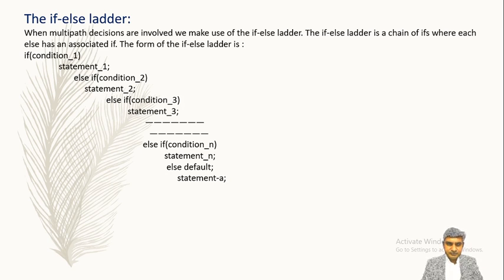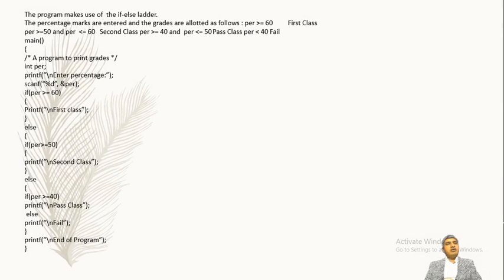Okay. Now, one program. The program makes use of the if-else ladder. The percentage marks are entered and the grades are allotted as follows. If percentage is greater than or equal to 60, it is first class.